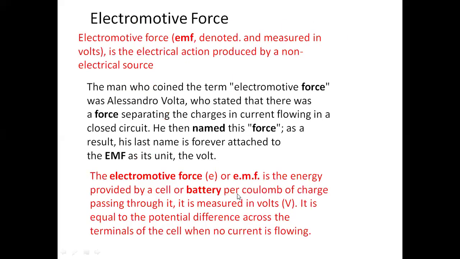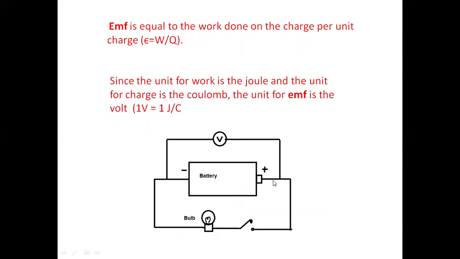Just see the previous slide again. The electromotive force is the energy provided by the cell or battery to every coulomb of charge which passes through it, and it is measured in volts. It is equal to the potential difference across the terminals of the cell when no current is flowing. Right now the switch is open, and it is an open circuit.